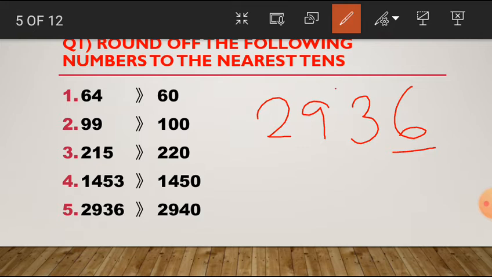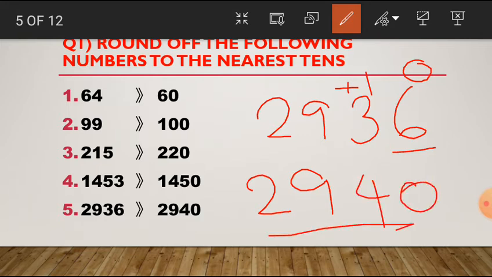So add 1 to the number 3 and replace 6 by 0. So we will get 2, 9, then 3 plus 1 is 4, and then 0. 2940 is the answer. Got it, children? So this way we can easily answer the rounding off to the tens questions. Clear, children?